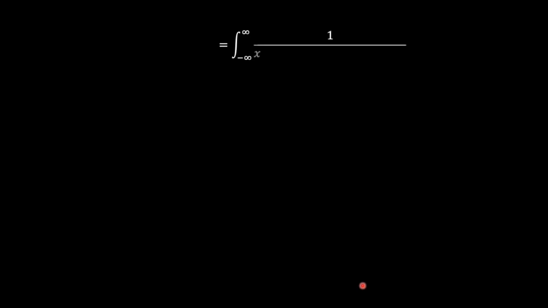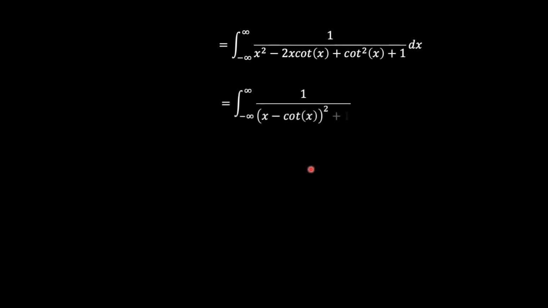So we'll go ahead and express that in the form of that binomial expression. So we have 1 over x minus cot x squared plus 1.